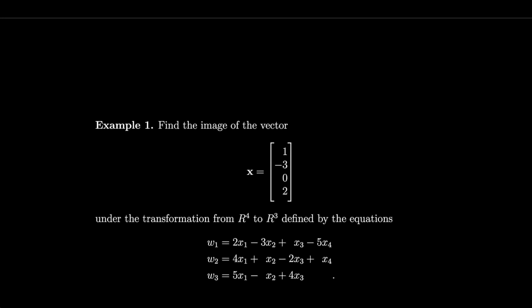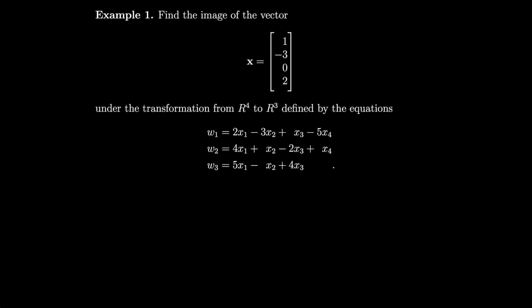Let's do an example. How about we find the image of the vector x right over here under the transformation from R4 to R3, defined by the equations w1, w2, and w3. So how about we write out the column vector w, so w1, w2, w3, and we'll set that equal to the coefficient matrix right over here.